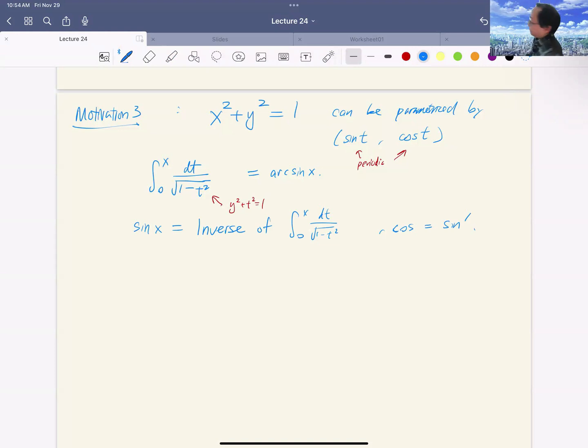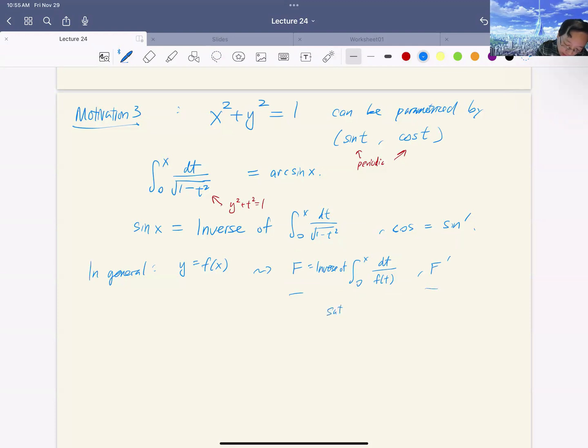And you can actually see that in general, if you have a curve like y equals f(x), then this expression, f(t), the inverse of this expression, so let's say f is the inverse of this, and f prime, these two will be a parametrization of the curve.